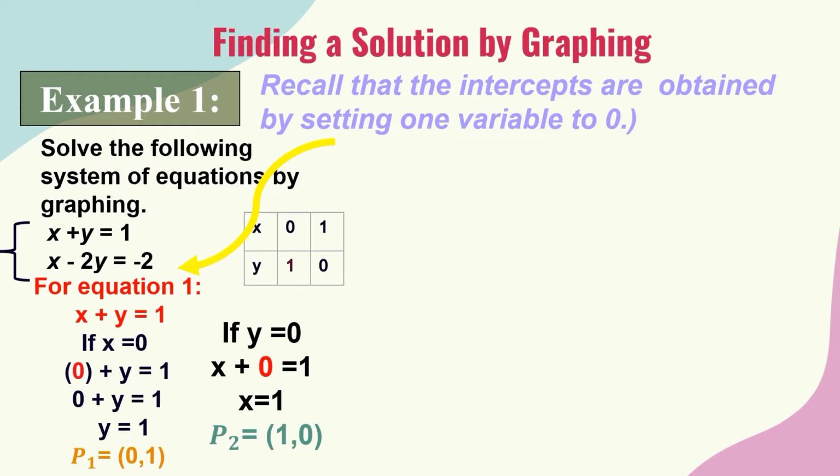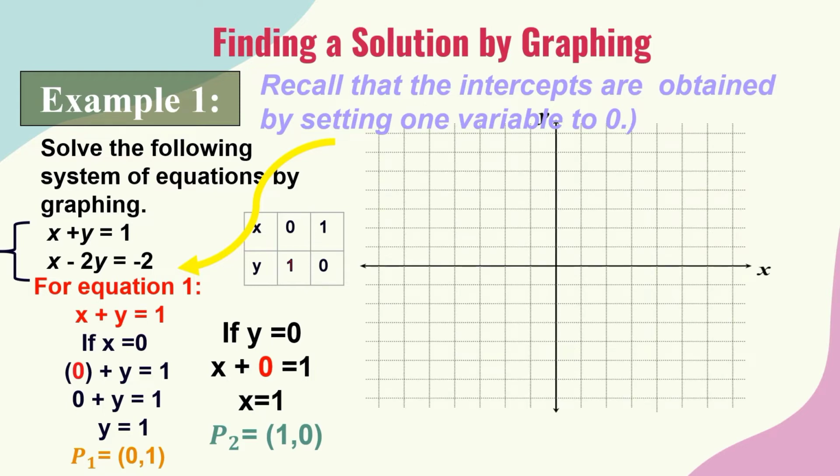So notice that we have the table. If x is 0, y is 1. If y is 0, x is 1. Now, the next step is to graph the 2 points. Graphing the first point, which is (0, 1), we have this point. Next is to graph the second point, which is (1, 0).